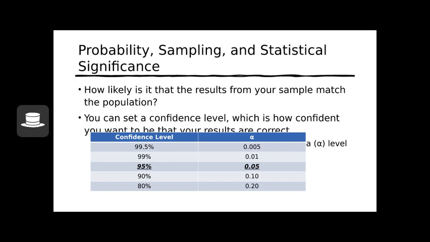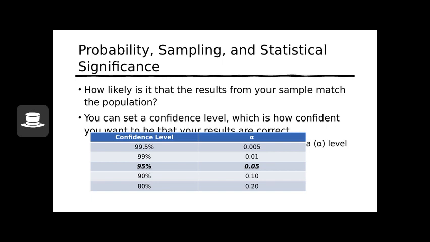The alpha level is sometimes also referred to as the p-value. So in the future, you might see the alpha level referred to as p equals. So when you set your confidence level, you're saying this is how confident we want to be that what we found in the sample exists in the population. So you set the alpha level.